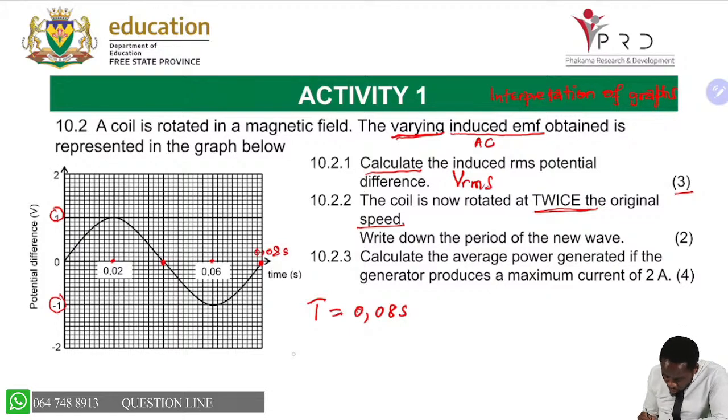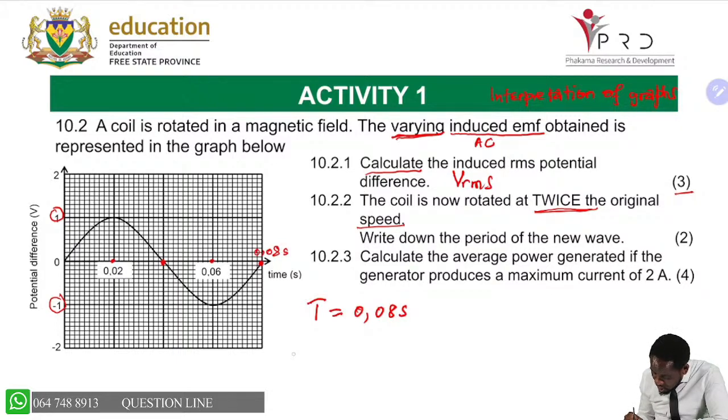So we know again that P average is equal to VRMS, which we've calculated there, multiplied by IRMS. But now we don't have IRMS, but we can find IRMS by saying I max over root 2.